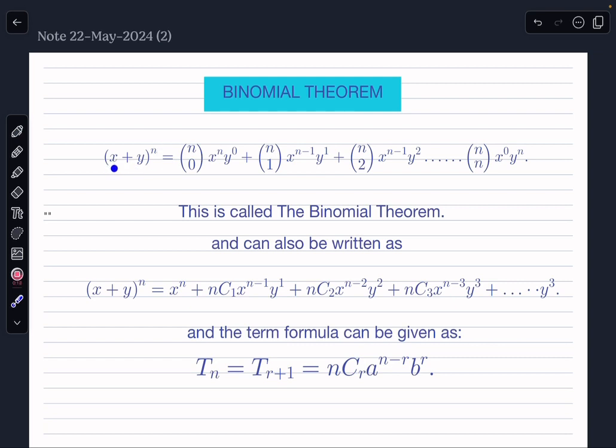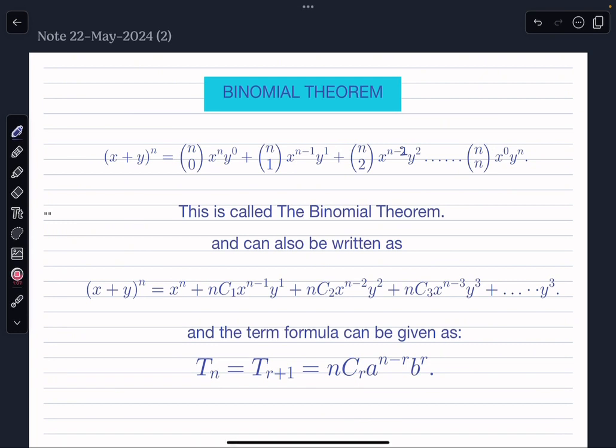We have the first term as x, and then (x plus y) to the power n equals nC0 x to the power n y to the power 0, plus nC1 x to the power n minus 1 y to the power 1, plus nC2 x to the power n minus 2 y squared, and so on up till we have nCn. And just remember, nCn is always equal to 1.